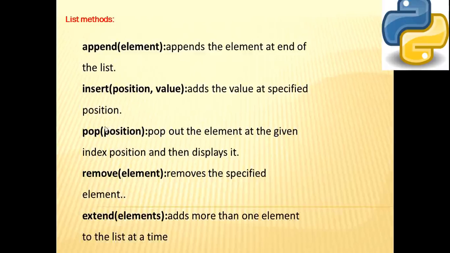Okay. So the difference between pop and remove is pop method will take the position as argument, remove method will take the element as the argument. Okay, so pop method will display the element to be deleted and then delete it, whereas remove method will directly delete the element from the list.